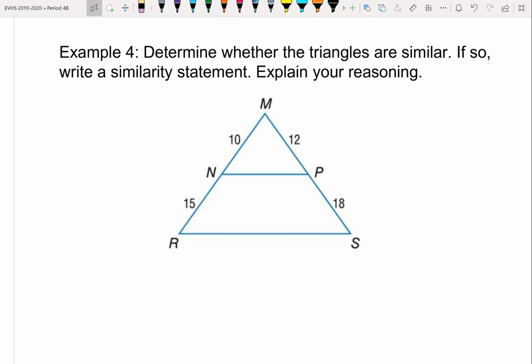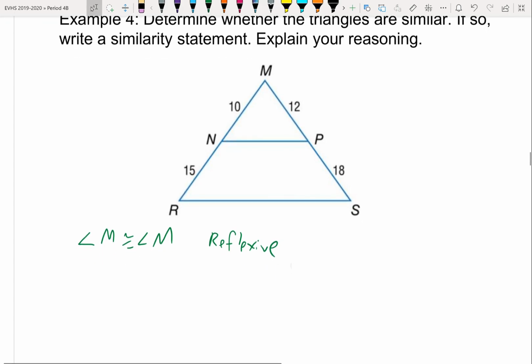Determine whether they are similar, and if so, write the similarity statement. Same thing as above. Okay, now, as I'm looking at this, I see that angle M is shared by both the small and the large triangle. So I know that angle M is congruent to itself, and that is by the reflexive property. Now I need to look at the left-hand and right-hand sides of these things.